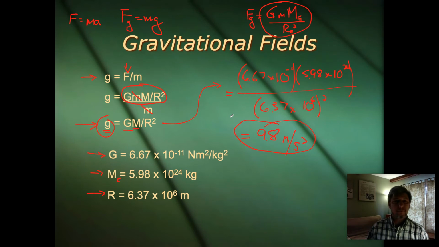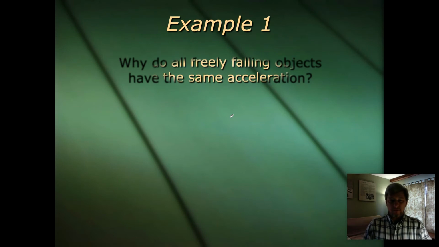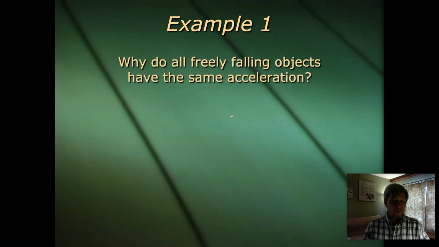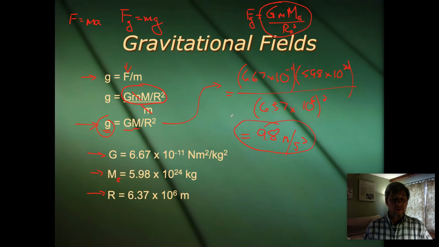Okay. So that brings us to example number 1. The question is, why do all freely falling objects have the same acceleration? Well, we just answered this question, because the mass of the object itself is irrelevant compared to the mass of the Earth and the radius of the Earth.